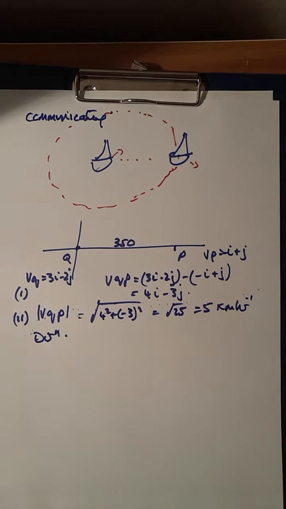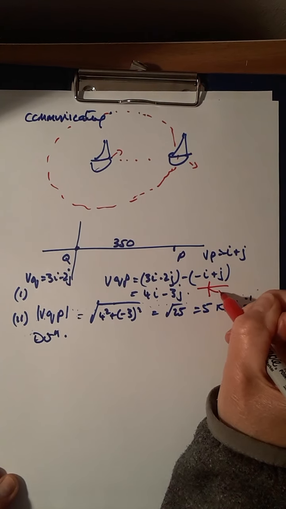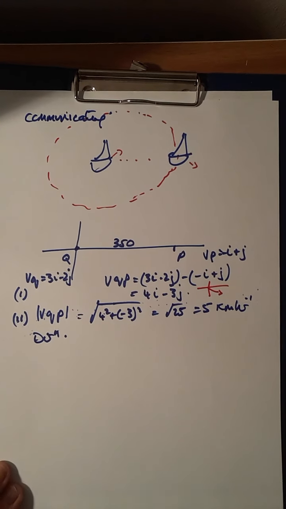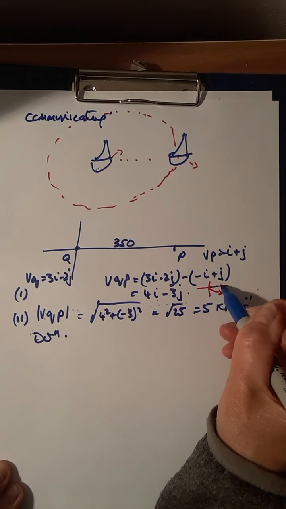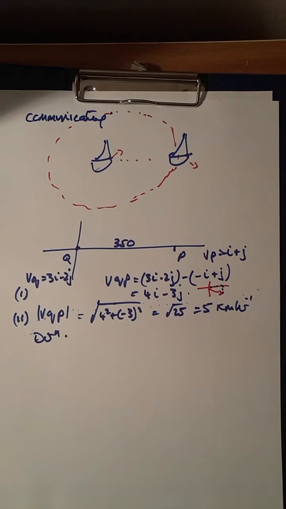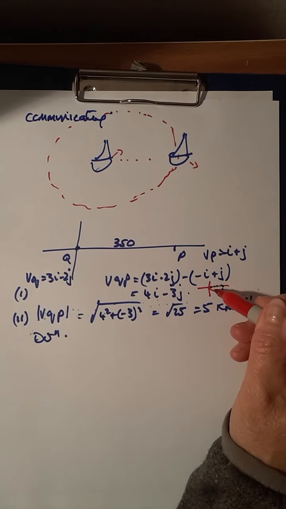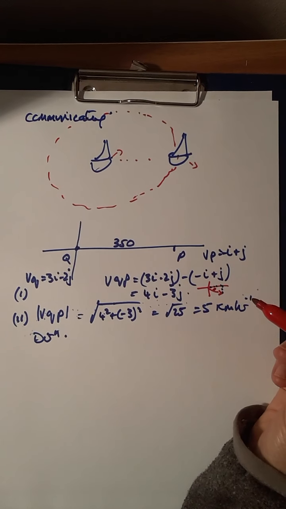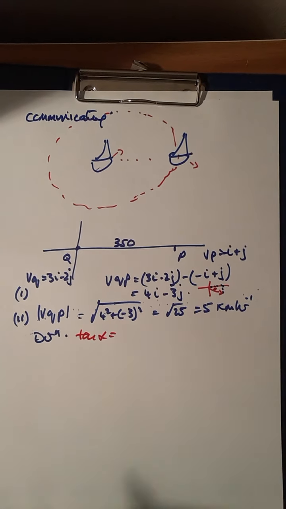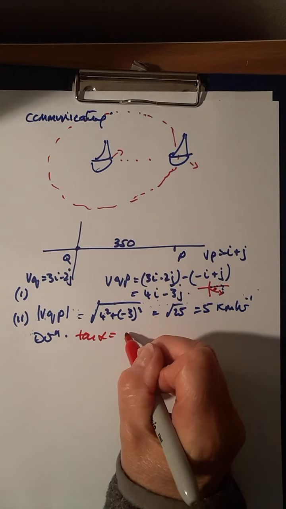Now, the direction of this. So this is my vector 4i minus 3j. I'll just sketch it here. 4i minus 3j would be going down the page in that kind of direction. If I was to draw a right angle triangle around that, that would be my i component and j component. And the angle, of course, would be here. The angle that it makes with the positive sense of the i-axis, I'll call that angle alpha. So the tan of alpha would be the opposite over the adjacent, which would be the j component over the i component, 3 over 4.